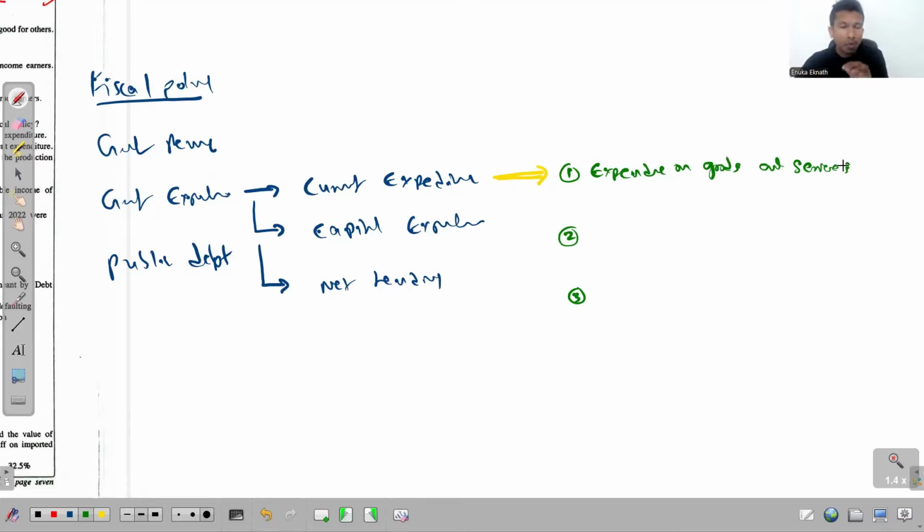And this is what we recognize as government purchases when calculating aggregate demand. So aggregate demand consists of C plus I plus G plus NX. And what is G? In simple terms, we recognize that to be government purchases.